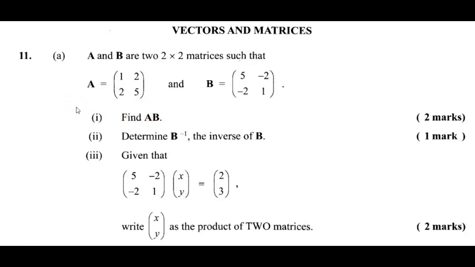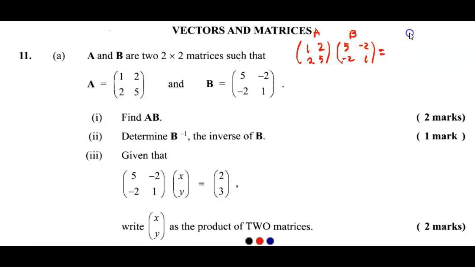So we have the matrix A as 1, 2, 2, 5. And that's matrix A. And then matrix B now is 5, minus 2, minus 2, 1.